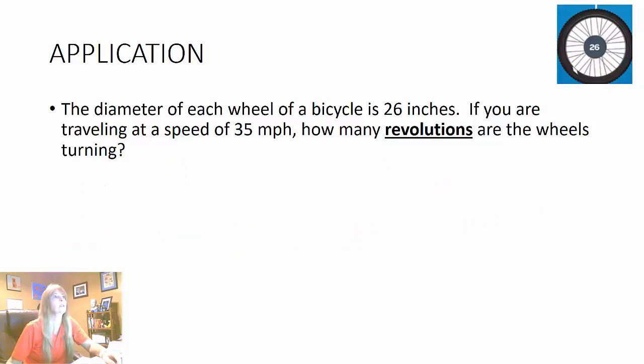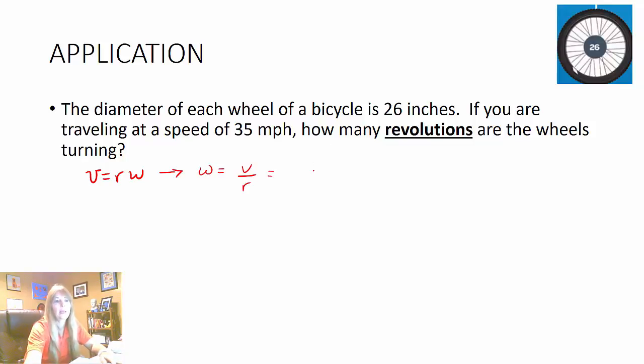All right, so let's use this. To find this, my linear speed, we said that r omega was a shortcut. Well, if I solve it in terms of omega, I know I just found the linear speed to be 36,960 inches per minute.